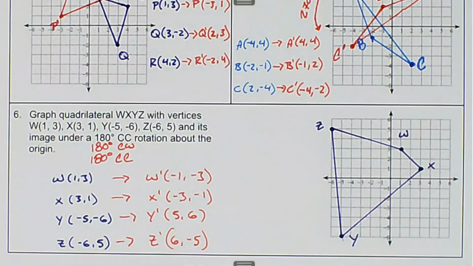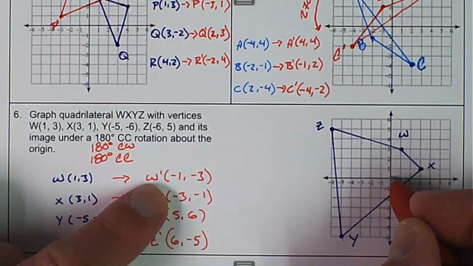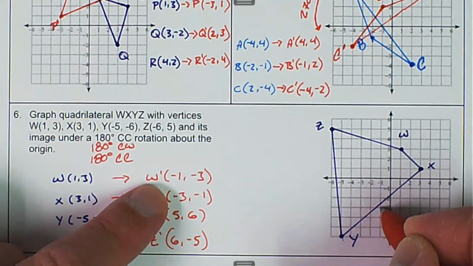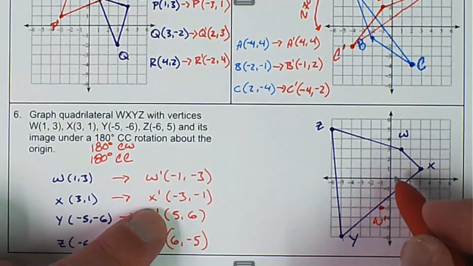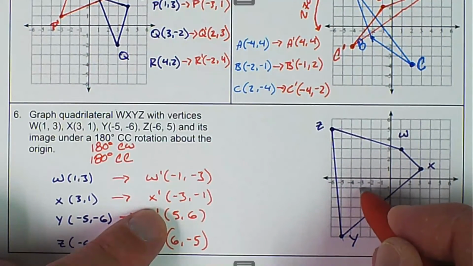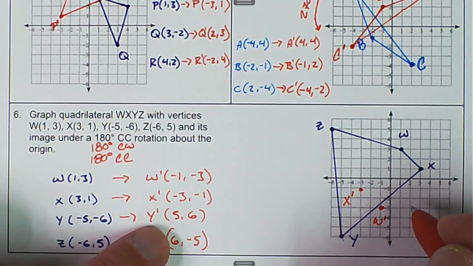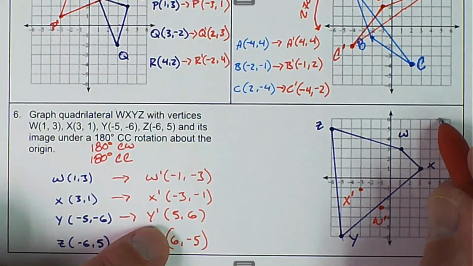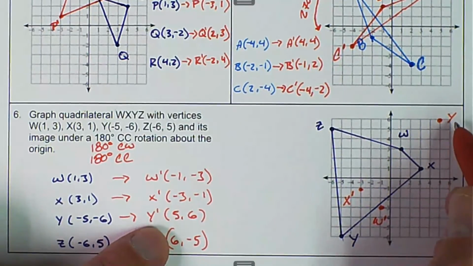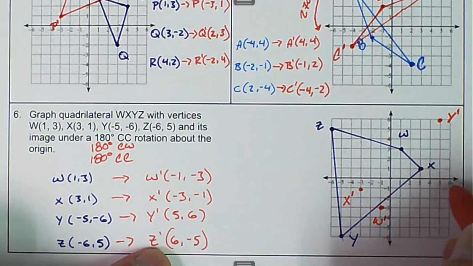And then we can plot those points. So negative 1, negative 3 is right here. And that's going to be W prime. X prime is negative 3, negative 1. Y prime is 5, 6. And Z prime is 6, negative 5.